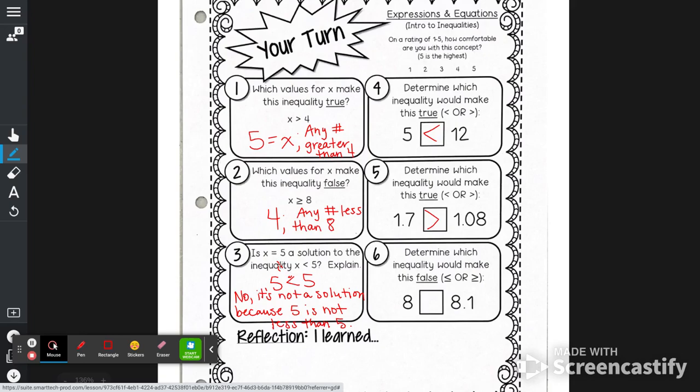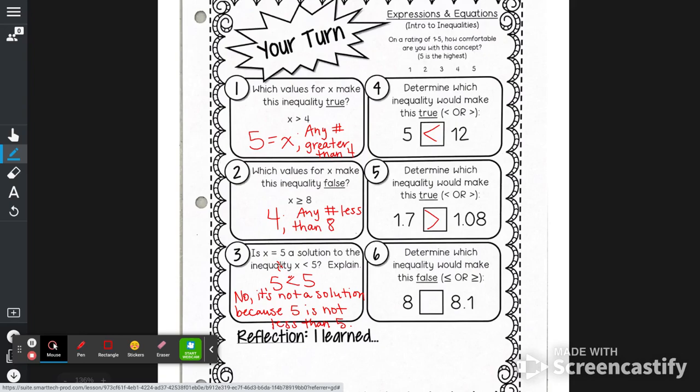And number 6. This is a tricky one. I'm telling you right away, it's tricky. So think for a second. Okay? Determine which inequality would make this false. Now, first of all, what are the 2 inequalities that it is giving us to choose from?